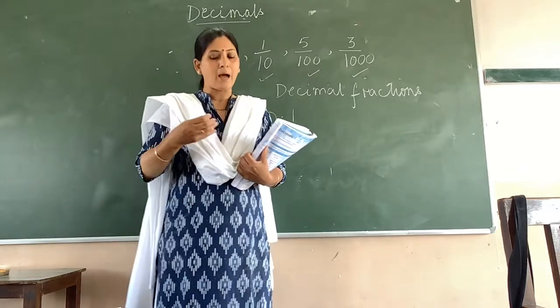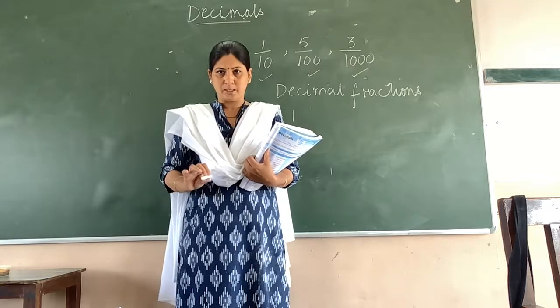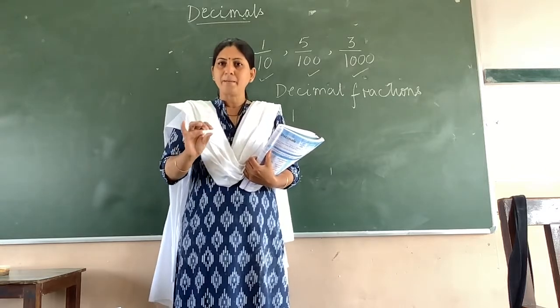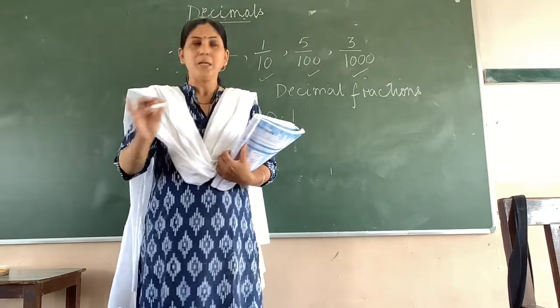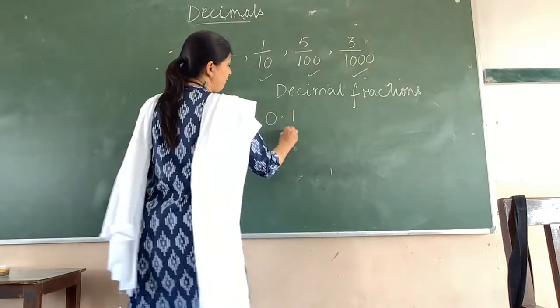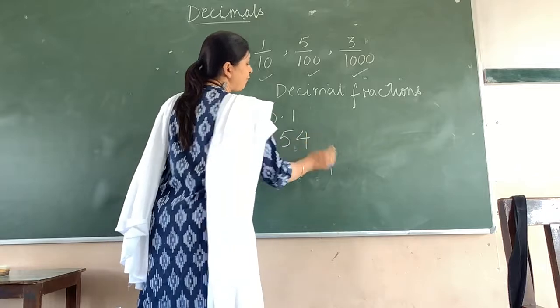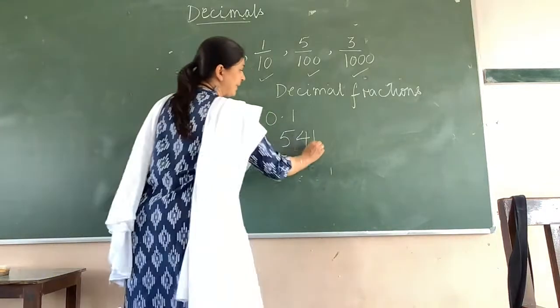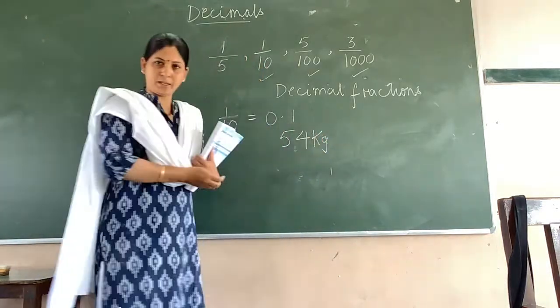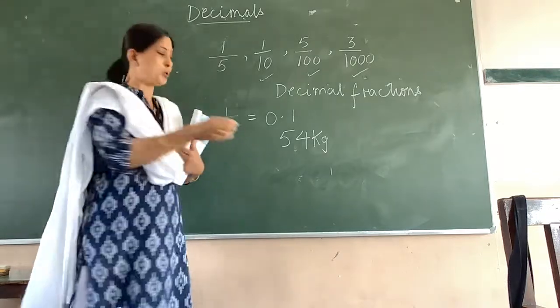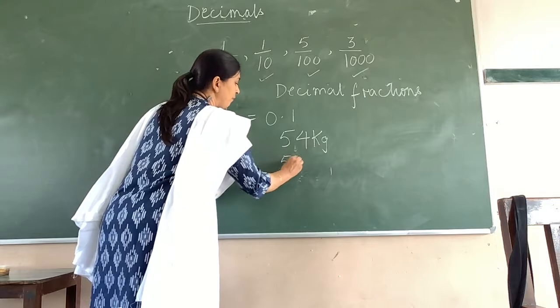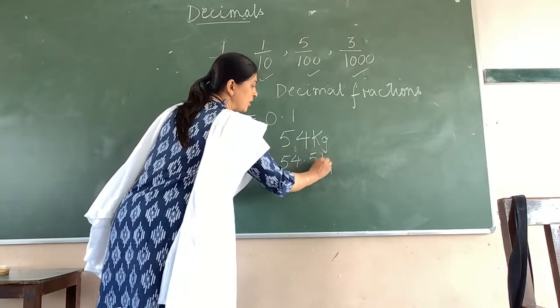Suppose I say my weight is exactly 54 kg. But there is a possibility that my weight is in decimals also. My weight may be 54.5 kg.